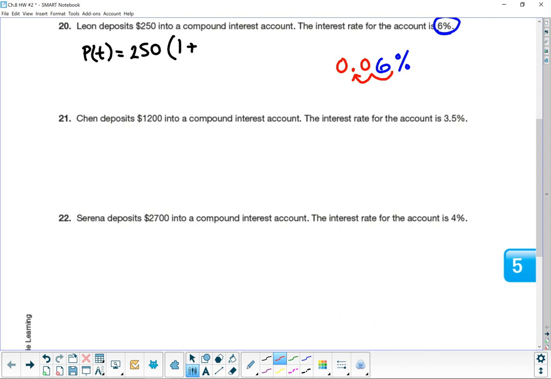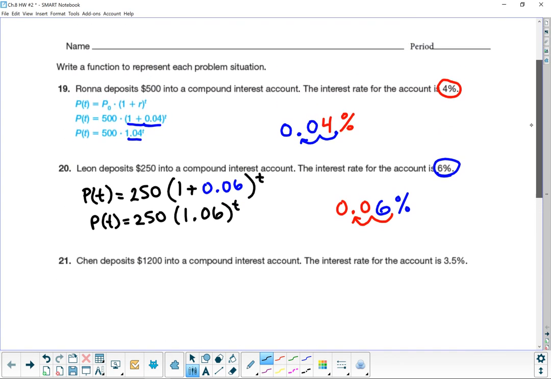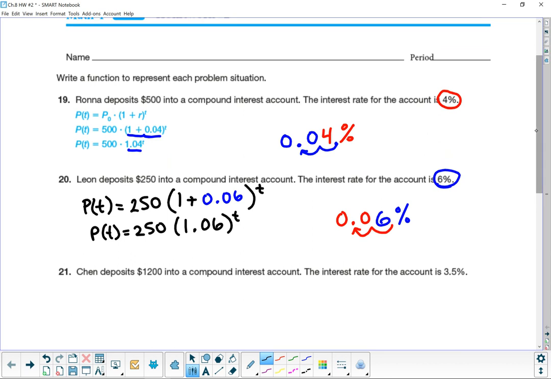So 6% as a decimal is 0.06. Then you put it to the t power. So our equation, P of t equals 250 times 1.06 to the t power. That's all we need to do with this side, because we're not given a time or anything, so we're just writing the function as the directions say.